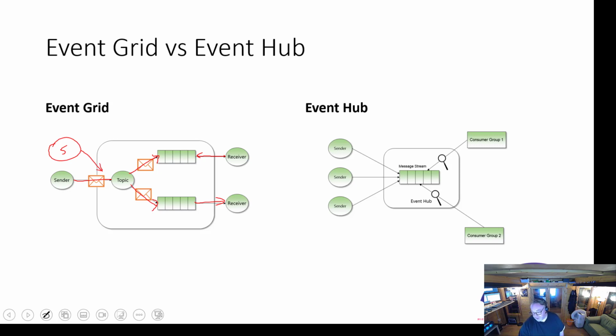So we've got multiple senders sending data to the stream, and we've just got a series of messages. The consumer group is looking at this stream. It would start at the beginning, and it would work its way across the stream, reading the messages as it goes. And a second consumer group could be reading the same stream, but it might be at a different point, and it's just working its way through those messages as well. That's really, at a very high level, what these two look like.